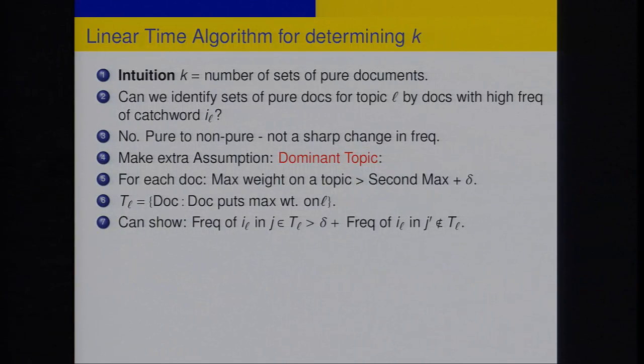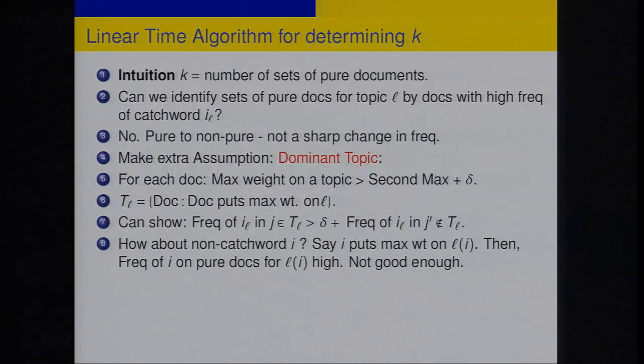So this J prime will put strictly less than max weight, by an amount delta. So then you get this. Again, it's more intuitive than precise at this point.